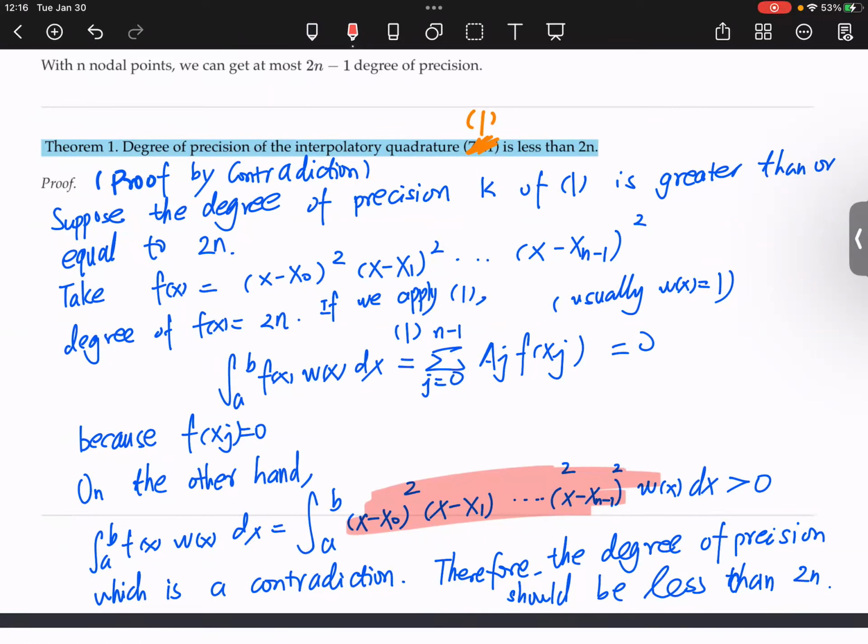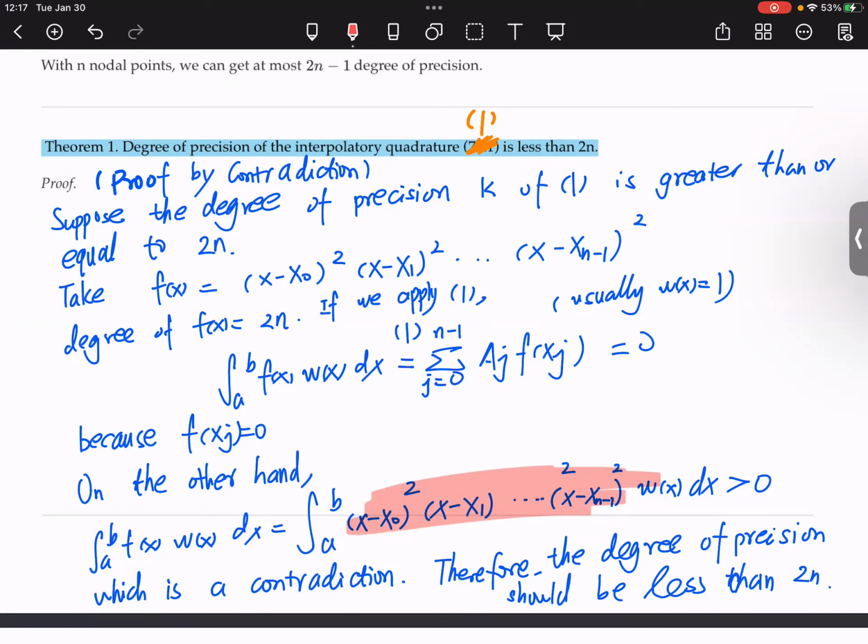So we are doing the proof by contradiction. If you suppose the degree of precision is bigger than or equal to 2n, let's say the degree of precision is 2n. But does that mean the polynomial we are doing it on has something like this in it?